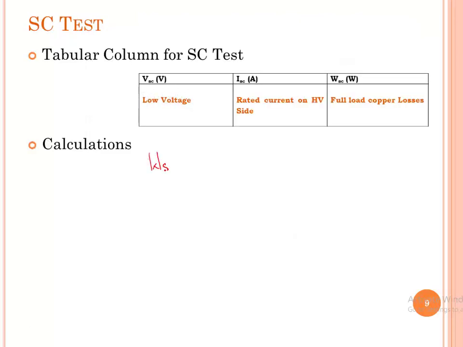We know that WSC, that is the copper loss, is equal to ISC square into equivalent resistance, or the equivalent resistance RE is equal to WSC divided by ISC square. This is ISC and this is the WSC. Next, Z equivalent.